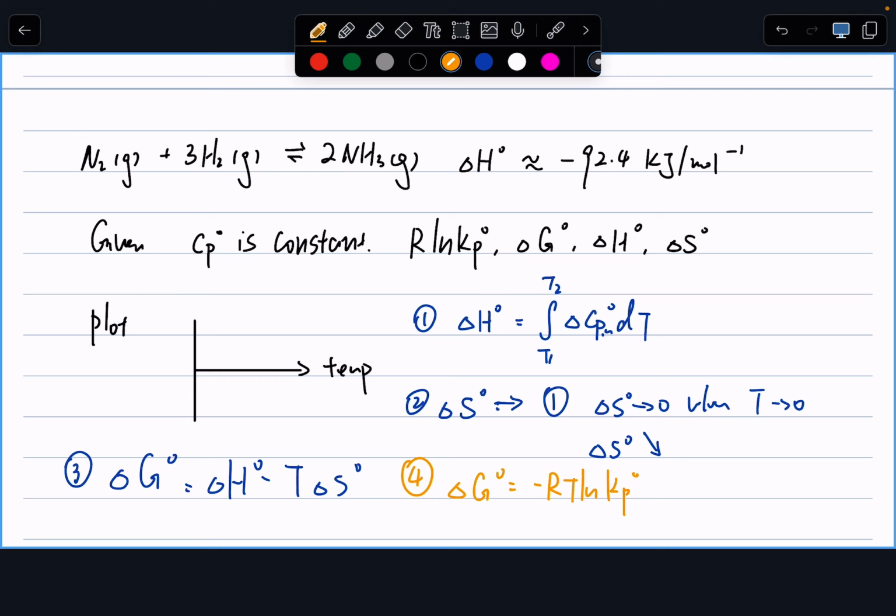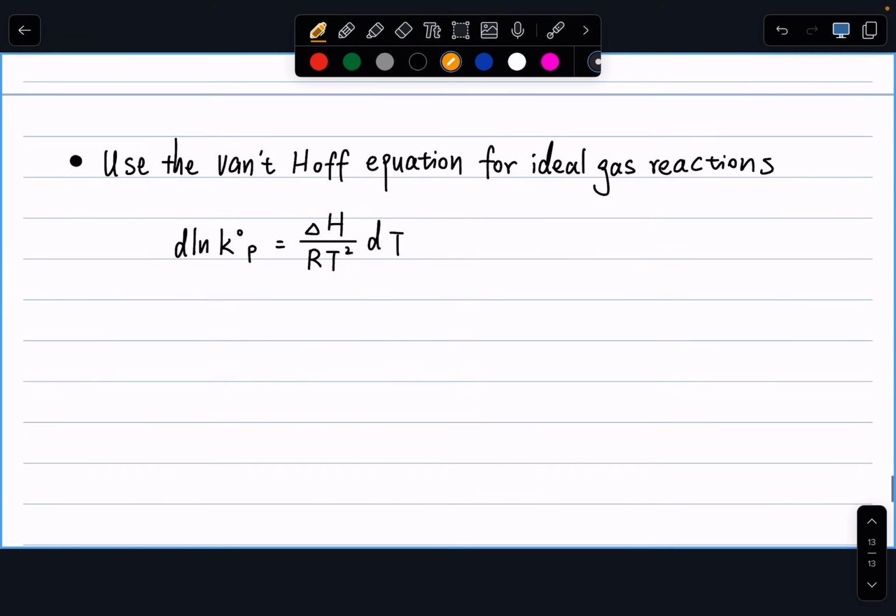All right, and typically when we're using our Van 't Hoff equation for ideal gas reactions, these are the equations we just write out here. This delta H is something you can get from the thermodynamic table.